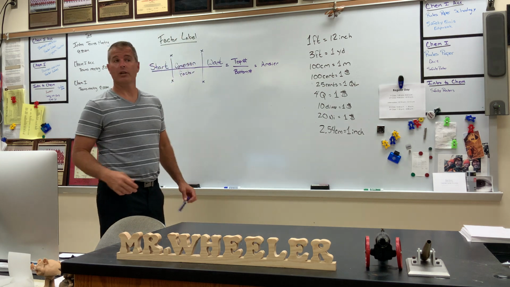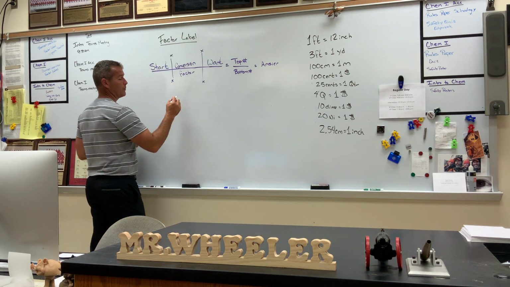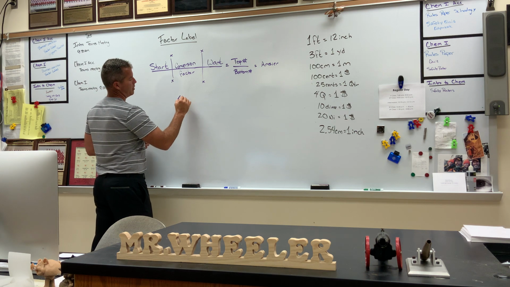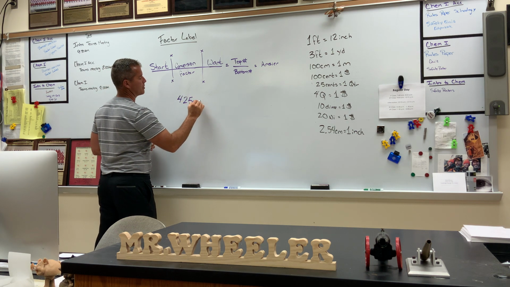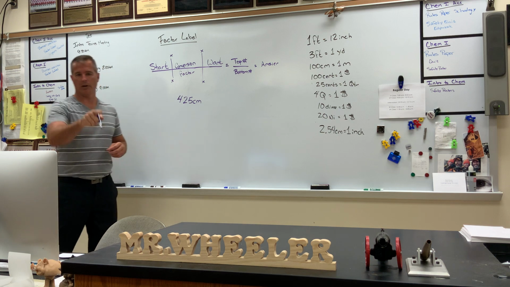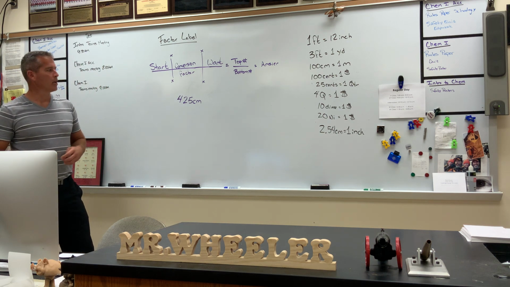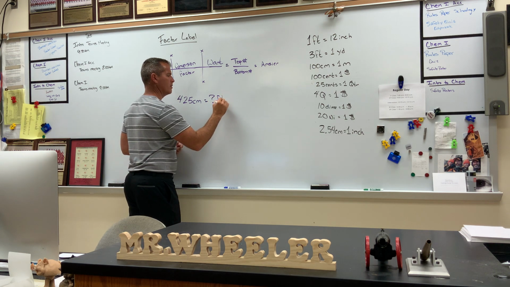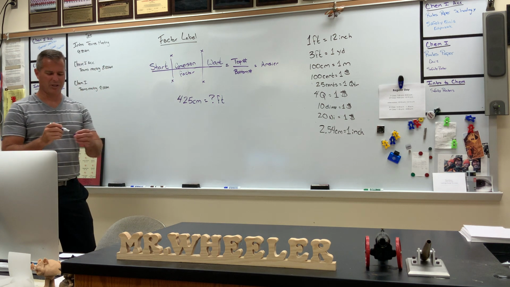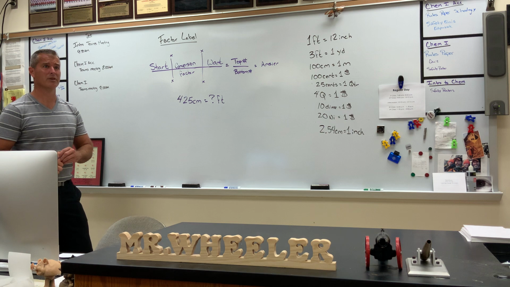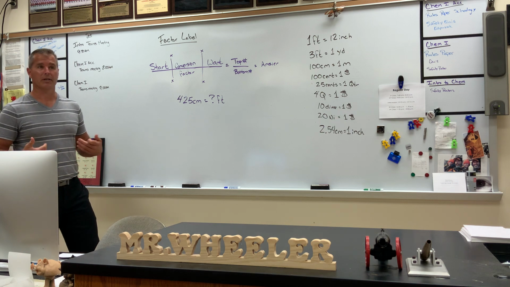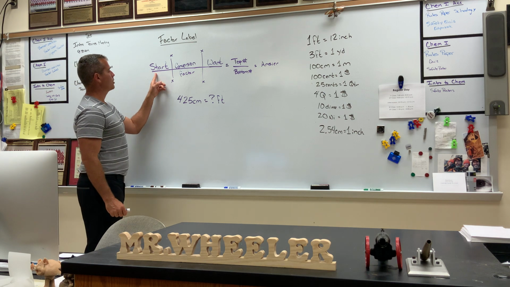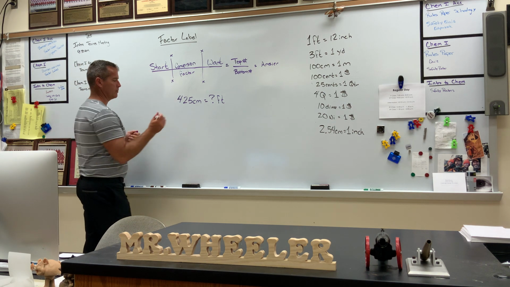And we go to measuring it, and we see that it is 425 centimeters long. We measure the front of this desk. Well, I want to know, how many feet is that? Does anybody know a straight conversion from 425 centimeters to feet? Because I don't. So we start with 425.